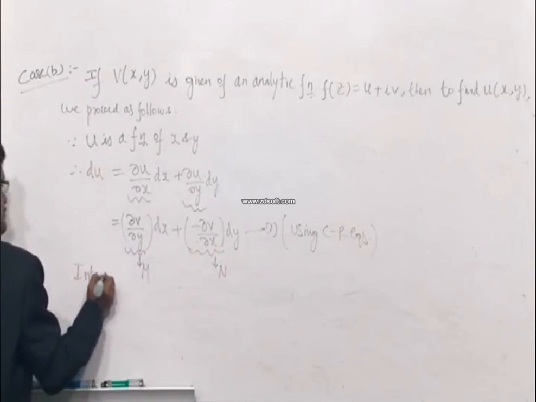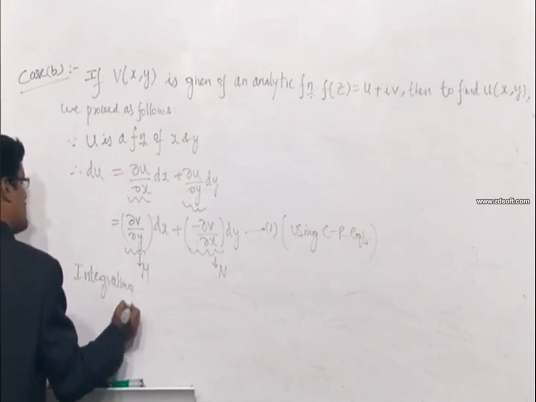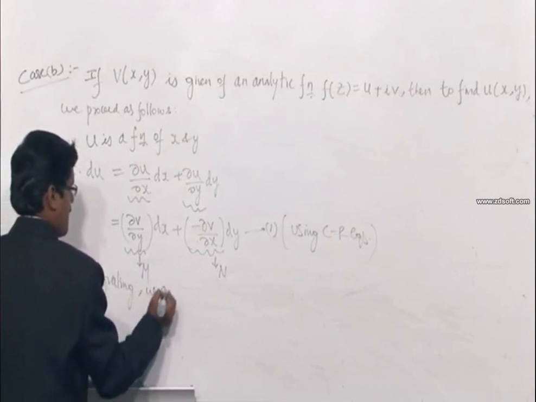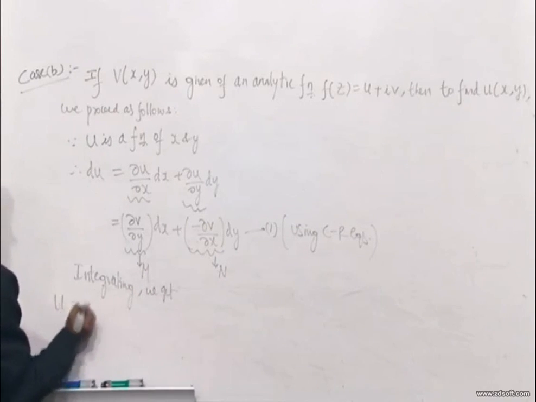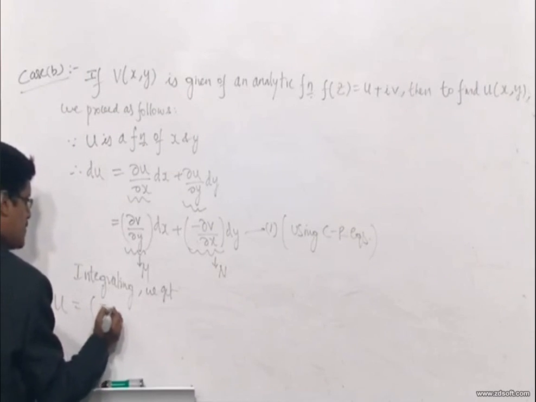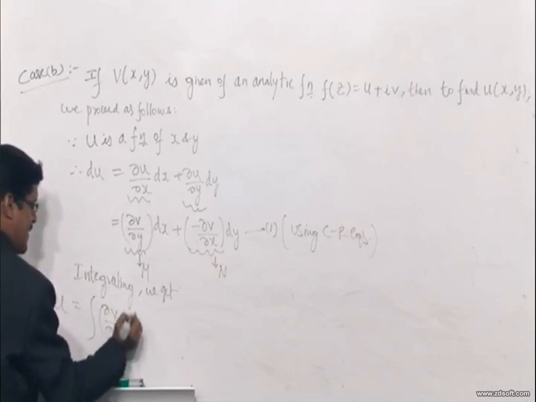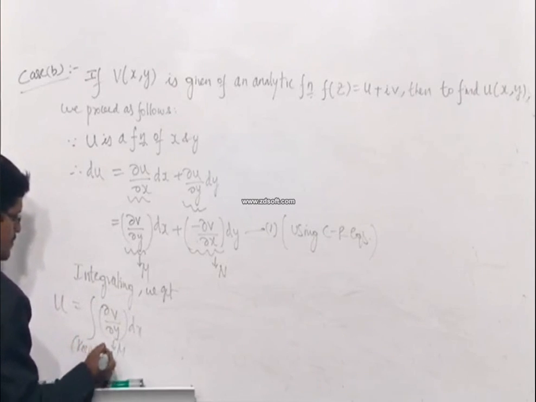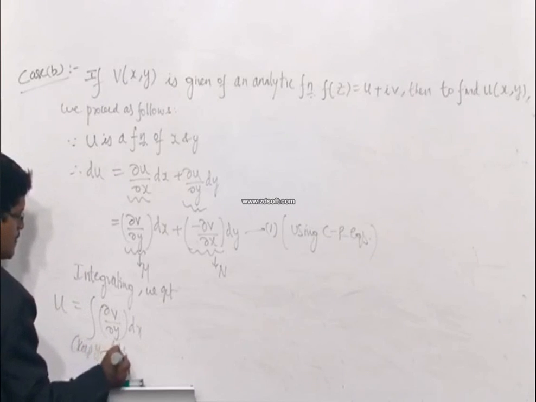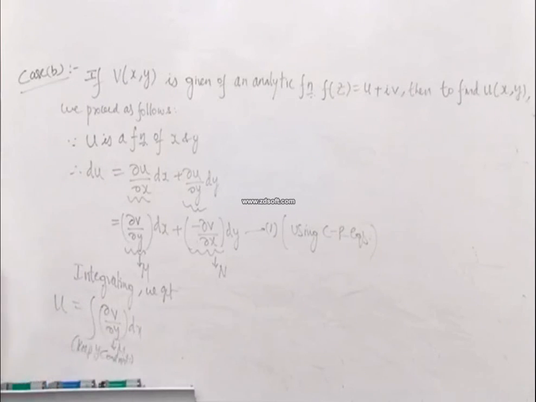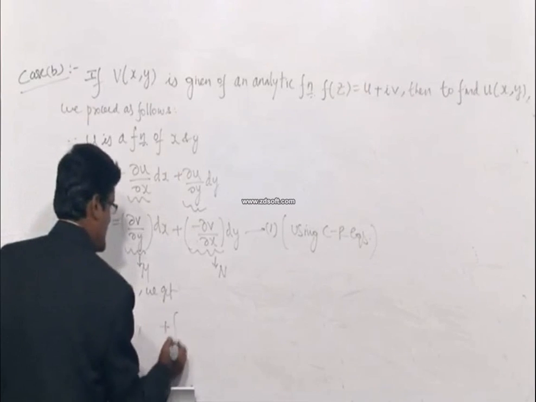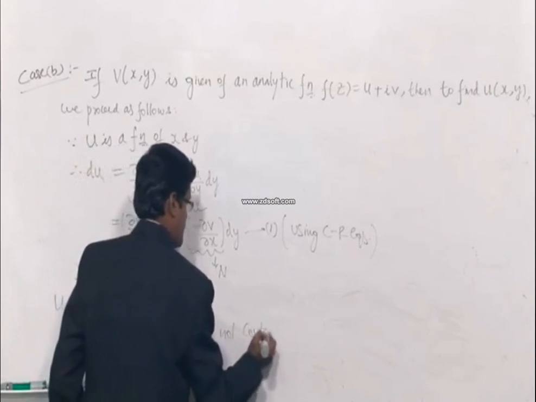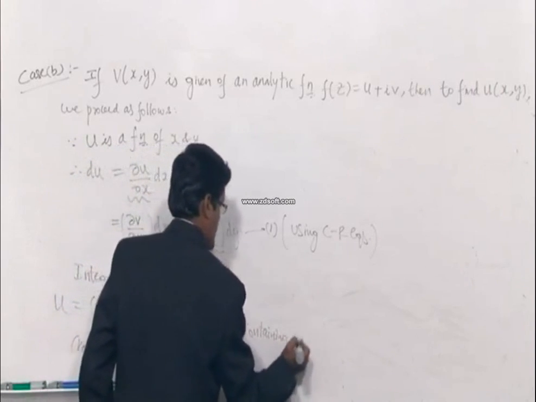Integrating, I am not writing the sentence that the RHS of equation 1 is exact because I already explained it in case A. We get, on integration, the derivative cancels to give u, and this is integral m dx, that is dou v by dou y dx. So this is m, keep y constant, which I have given, plus the integral of terms not containing x in n.